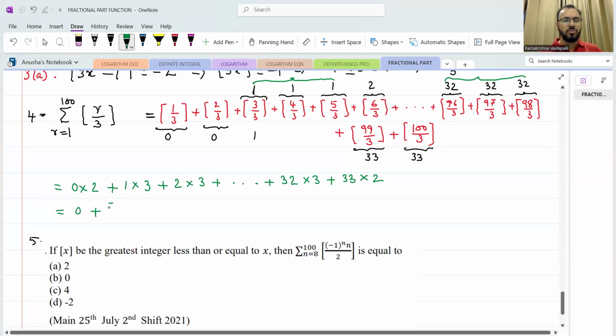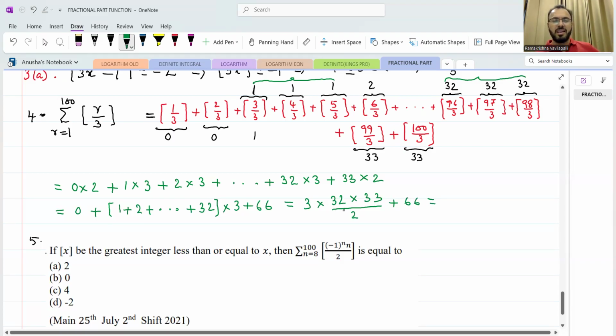So this is equal to, first one anyway 0. I am taking 3 out: 1 plus 2 plus and so on up to 32. This is an AP series. The sum of first n terms is n into n plus 1 by 2, into 3, plus 66. So this is 3 into n plus 1 by 2, plus 66. Now further you can calculate it. It is very simple.